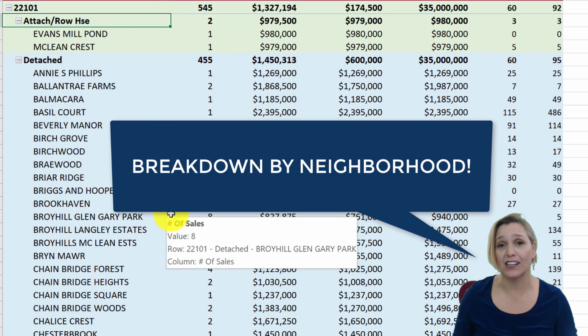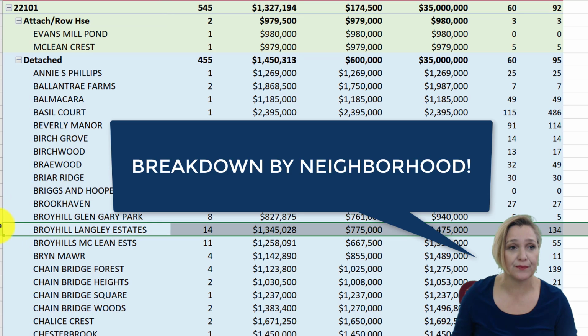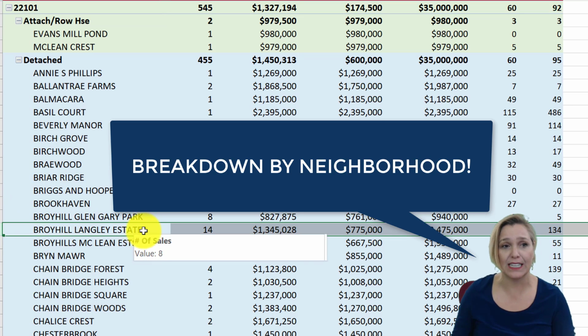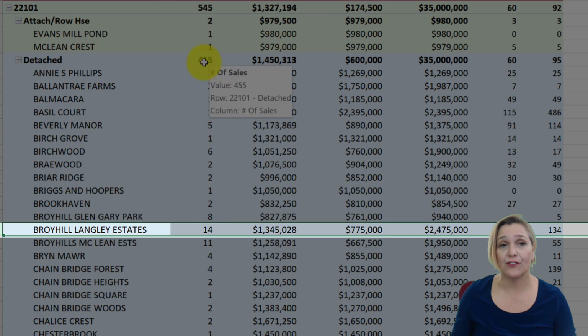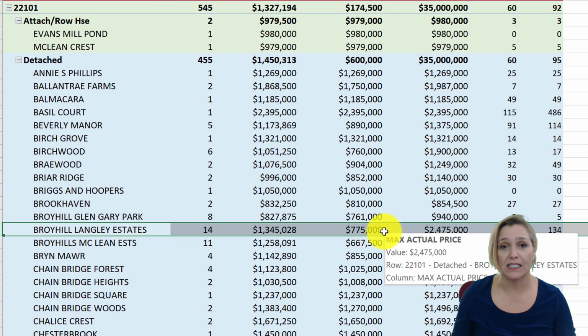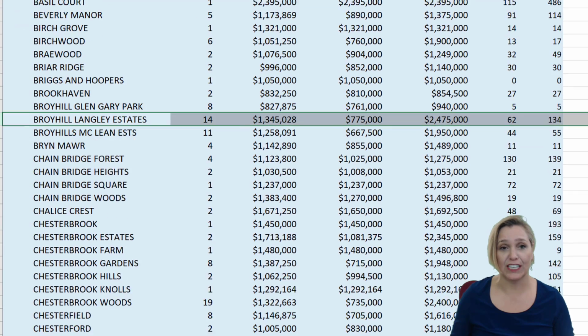So if you're interested in finding out about your specific neighborhood, for example, if you were here at Broyhill Langley Estates, you can see that there were 14 sales out of the 455 last year. And you can see the average price, the lowest price, and then the highest price, how long it took for the property to sell, and then how long the property was actually on the market.